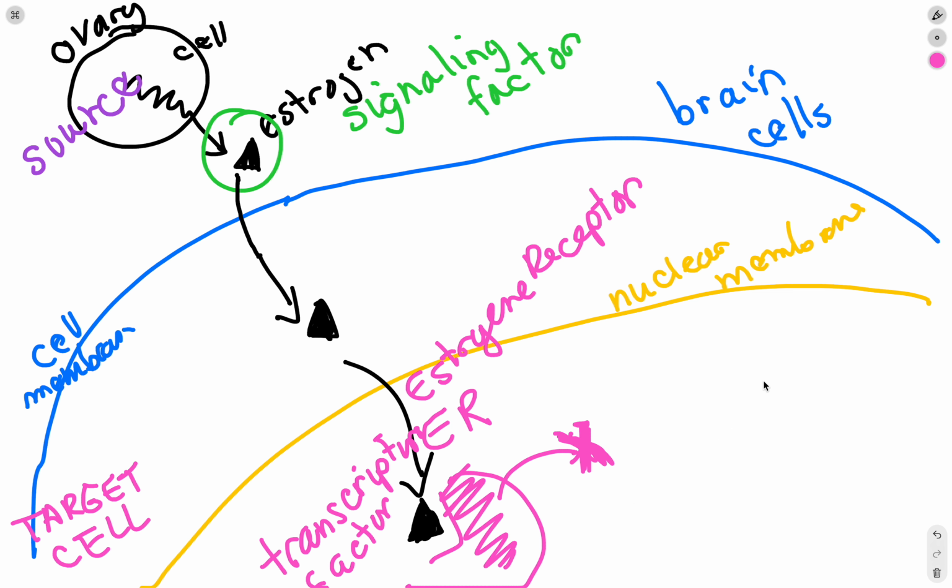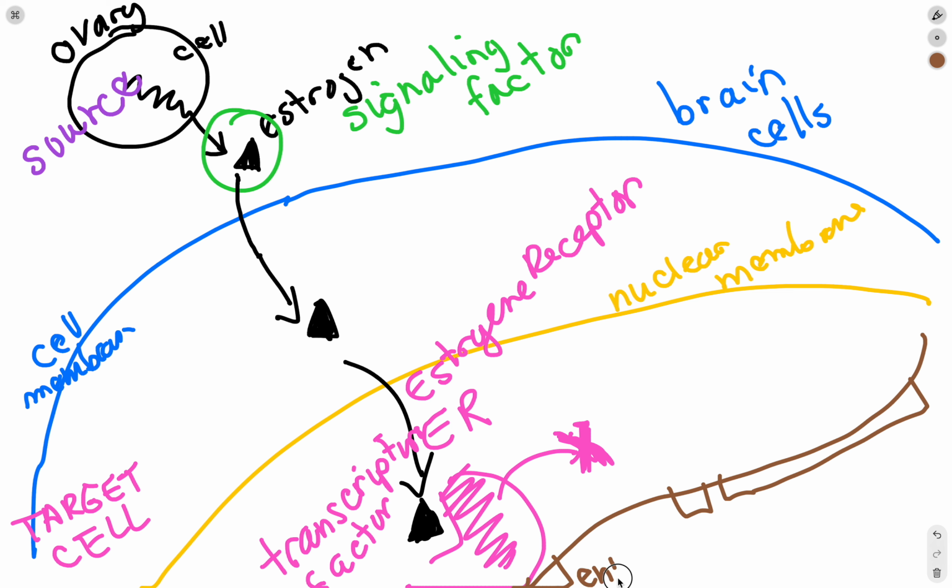So it's bound to these enhancers on target genes. And so there are a bunch of target genes. And we are not going to learn the names of any of the target genes. But here's an enhancer that the estrogen receptor is bound to.